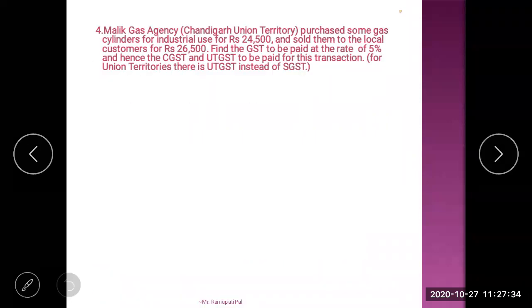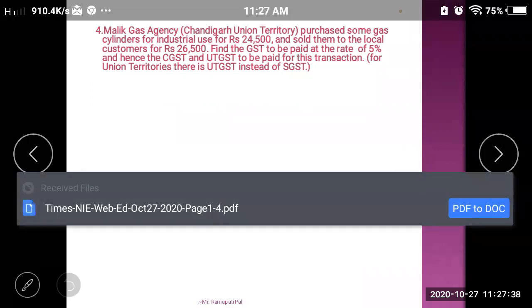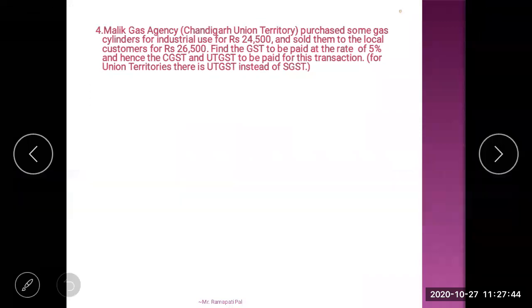Malik Gas Agency, which is present in Chandigarh, and Chandigarh is a union territory, purchased some gas cylinder for industrial use for rupees 24,500 and sold them to the local customer for rupees 26,500.